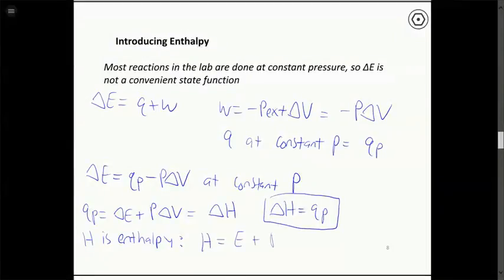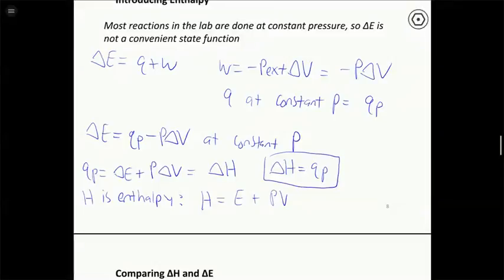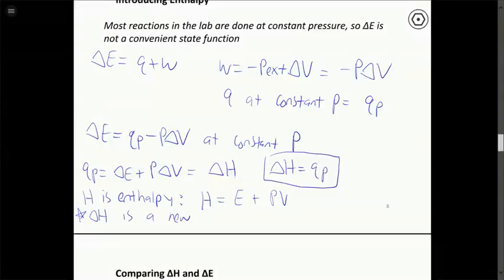And so H is E plus PV, if we just take out the deltas. This delta H is a new state function, which is just the heat measured at constant pressure. It's equal to that.